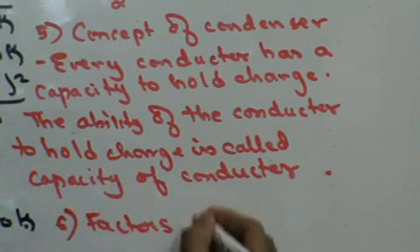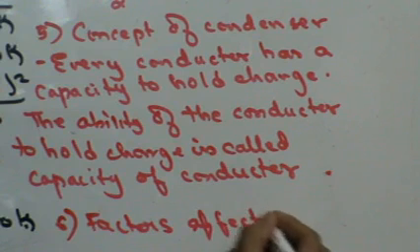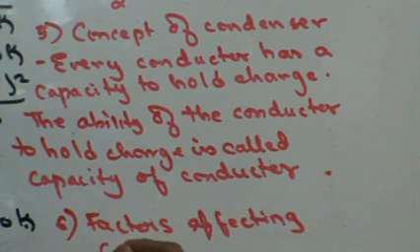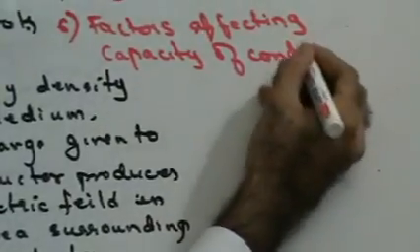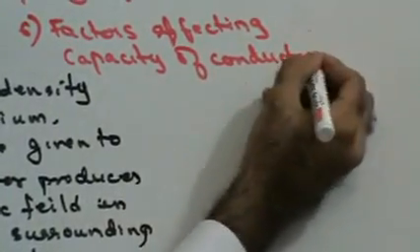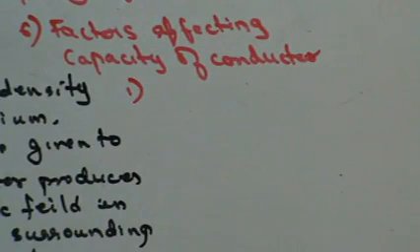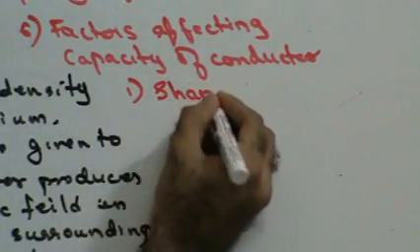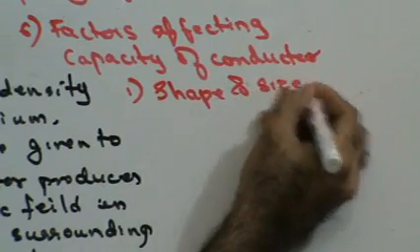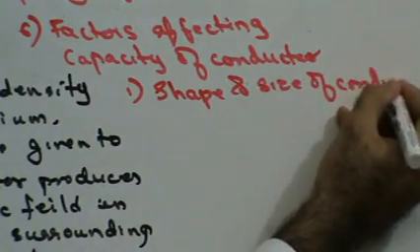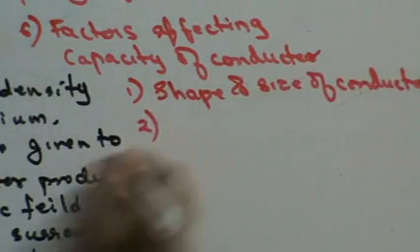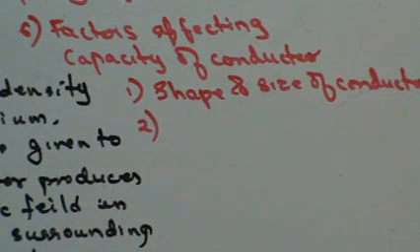Factors affecting capacity of conductor are: first, the shape and size of the conductor. Second, the nature of the surrounding medium.